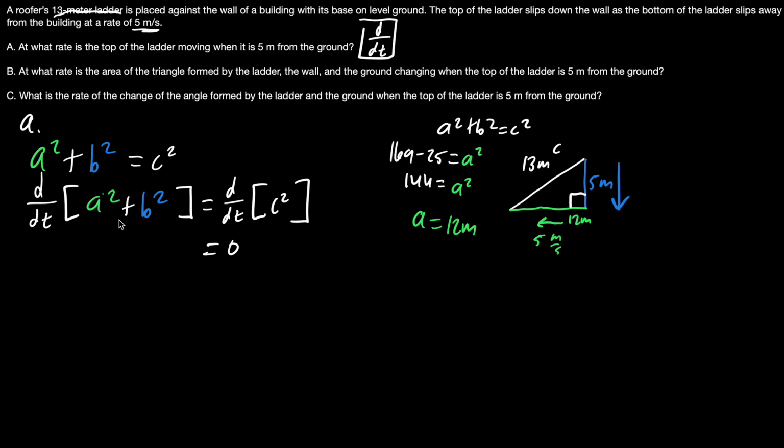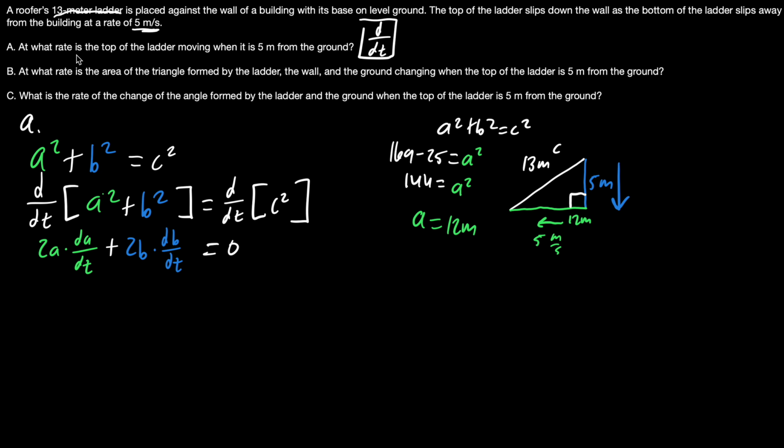When we implicitly differentiate, you get 2A times dA over dt plus 2B times dB over dt.